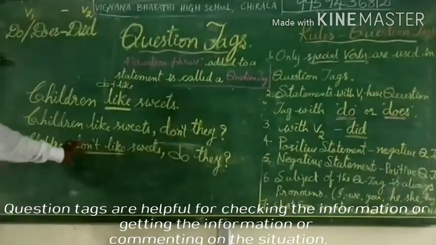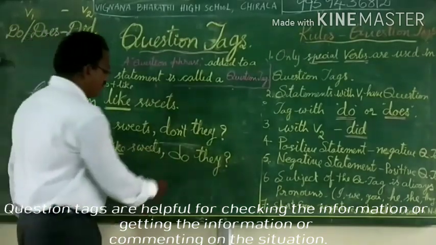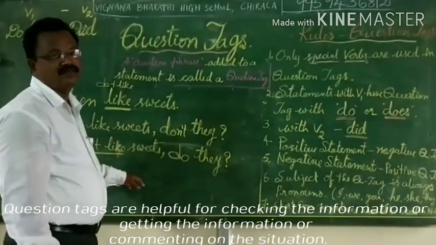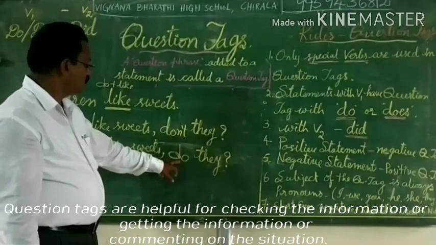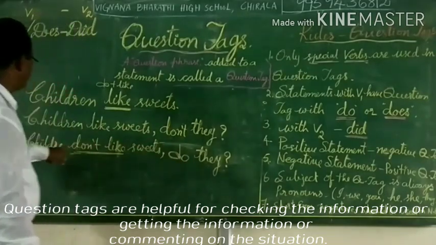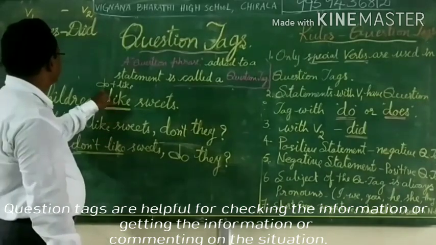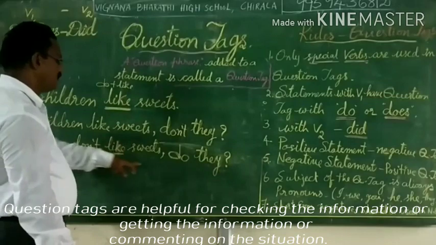They. Already the statement is in negative. That is why we start the question tag with an auxiliary or a special verb always. So what is the special verb implied here? Do. Do like.